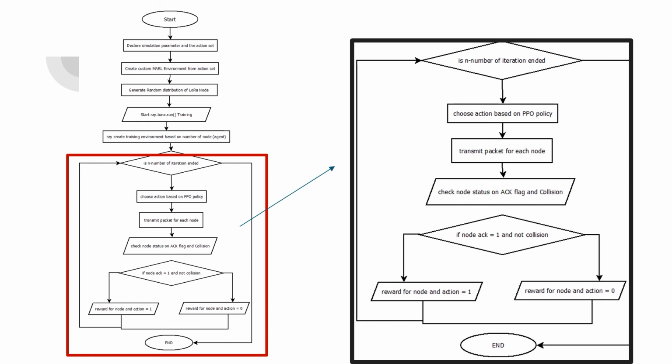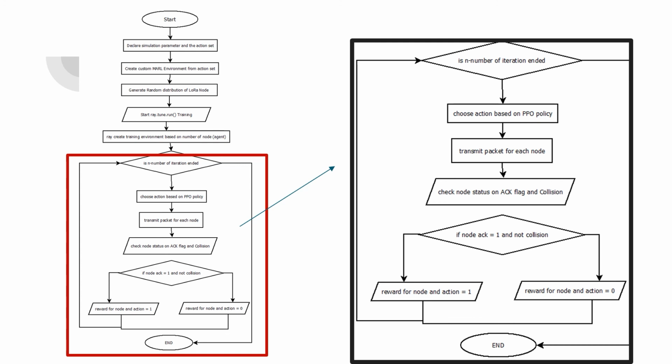Next, it will transmit the packet for each node. And of course, each node is configured with the action set, which in this case is the spreading factor. Next, it will check the node status on the ACK flag and collisions.